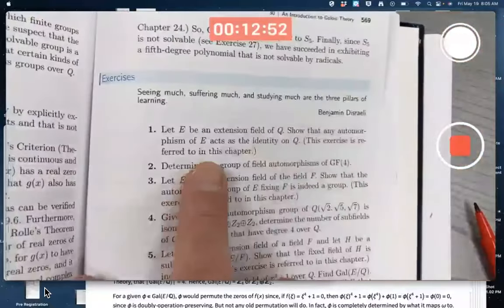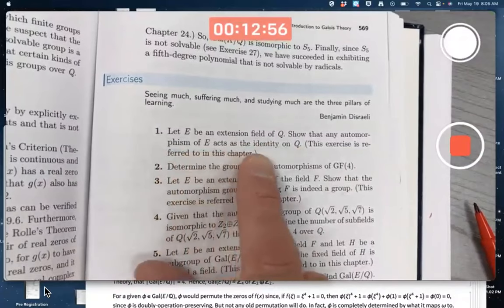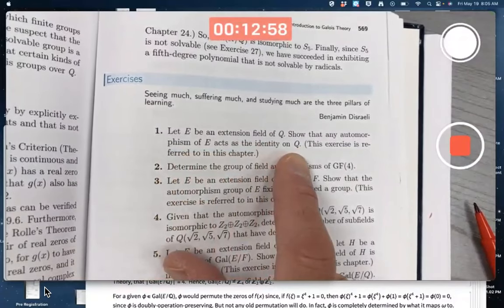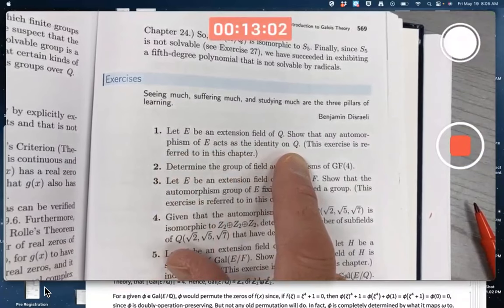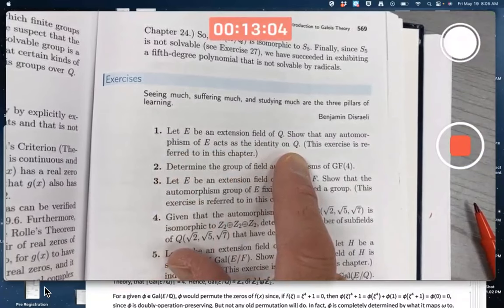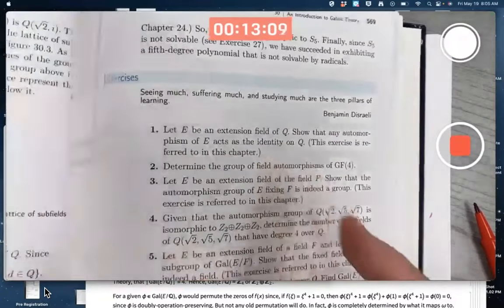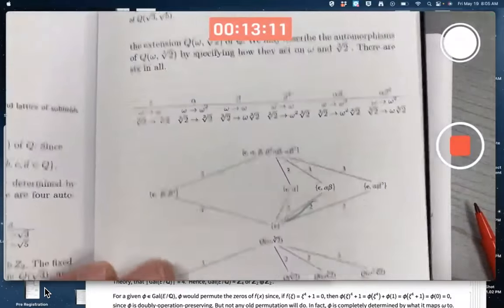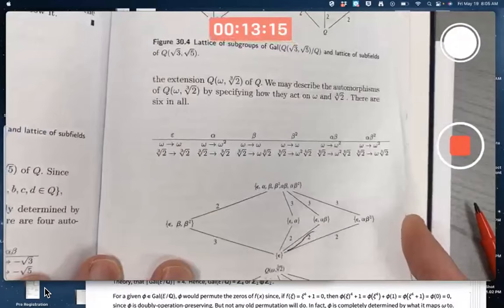Let E be an extension of Q. Show that any automorphism of E acts as the identity on Q, meaning mapping every rational number to itself. It's based on operation preserving properties. Okay, and it's in the solution key. You should practice that one. And you should also know it. It could be a new kind of true-false question, for example, or multiple choice.